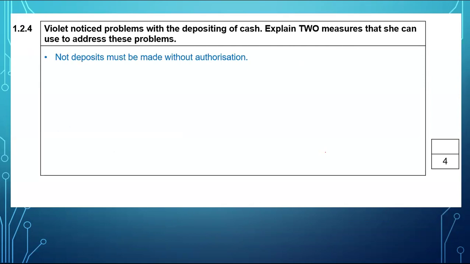Okay, that's incorrect. No deposit must be made without authorization. That's the first thing. It must be authorized. You need someone else's signature or two people's signature before the deposit can be made.